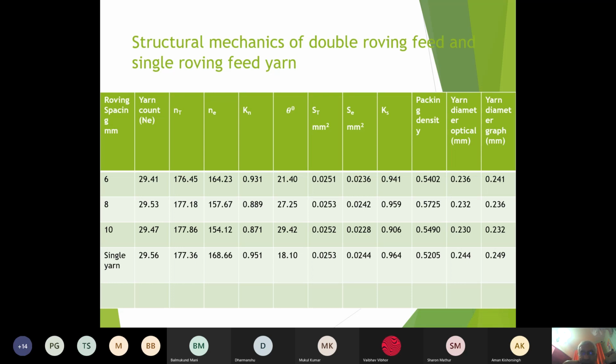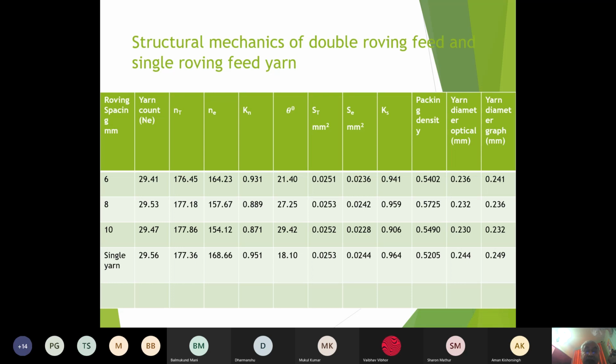The strength of the yarn should be more where I have more number of fibers in cross section, or yarn strength will be more where I have less number of fibers in yarn cross section? More number of fibers, higher the strength. Okay. So you keep this statement in mind, and I will answer once I explain this case.